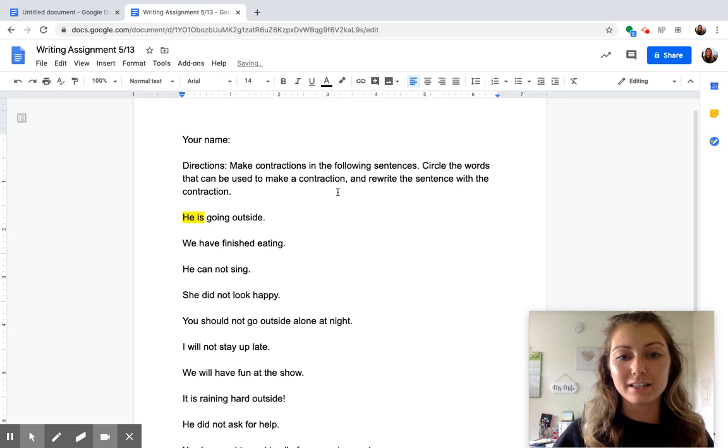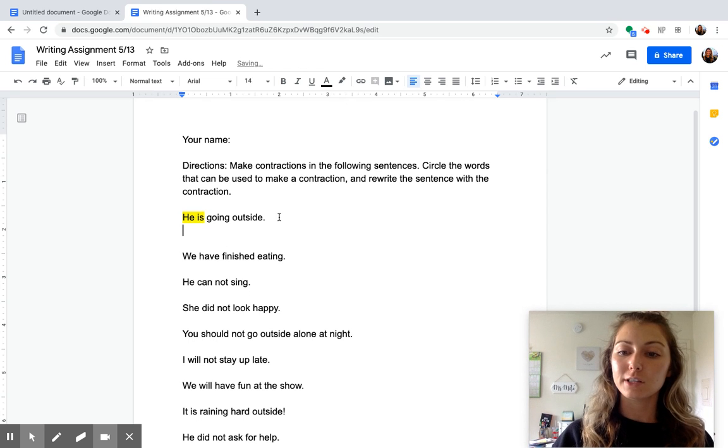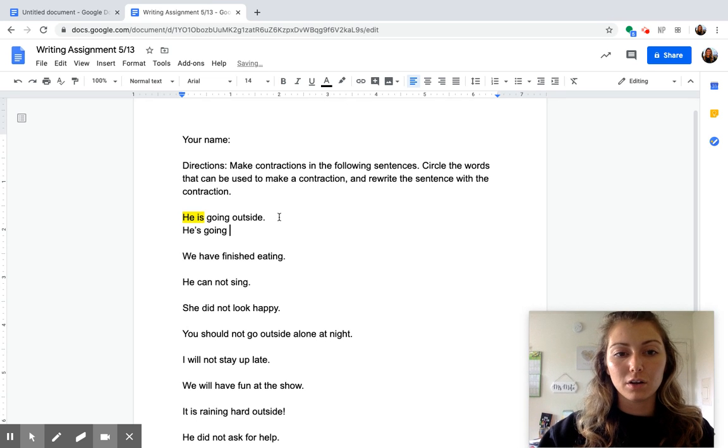So he is, I've highlighted, or if you know how to circle here, you can circle the words that can be used to make a contraction, and rewrite the sentence with the contraction. So I can enter to the next line, and now I'm going to make the contraction, he's going outside. You're going to do that for all of the sentences here, and then you're going to turn in your work.